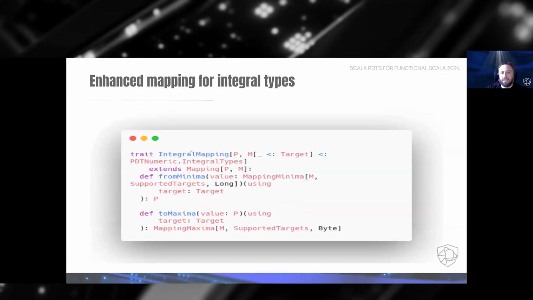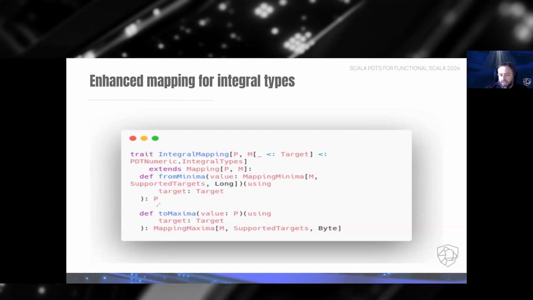And likewise, we can define a type class called integral mapping with stronger capabilities. It has two specific or generic instantiation methods, from minima and to maxima, and these are defined for integral platform dependent types because we're able to reason about them a little more.